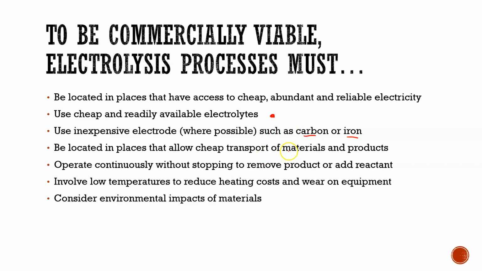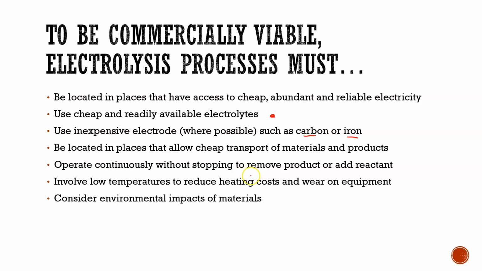Remembering that because it's on the industrial scale, we need to be able to get our products somewhere to get them to market easily. We want the electrolysis to be able to operate continuously without stopping to remove product or add reactants.